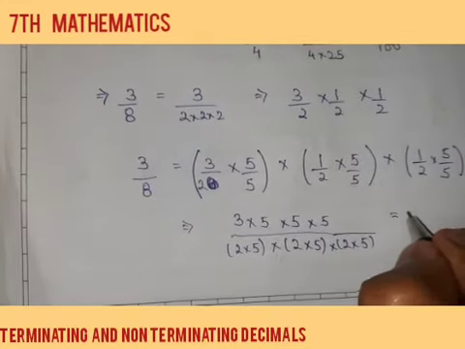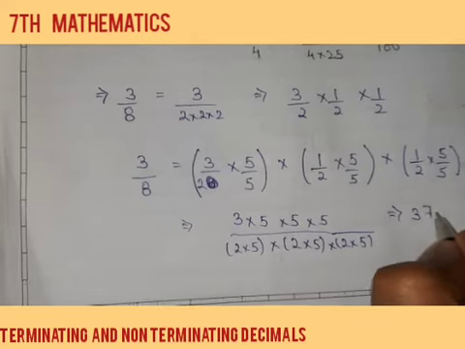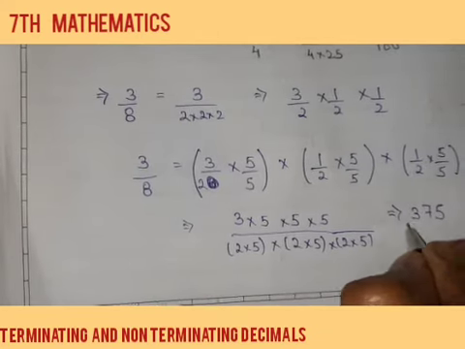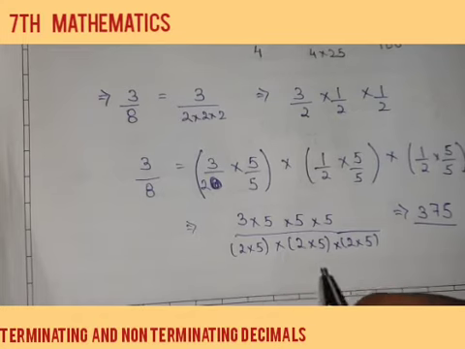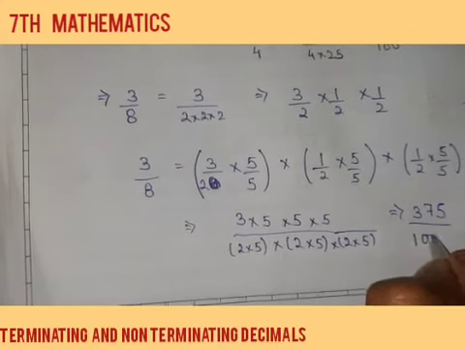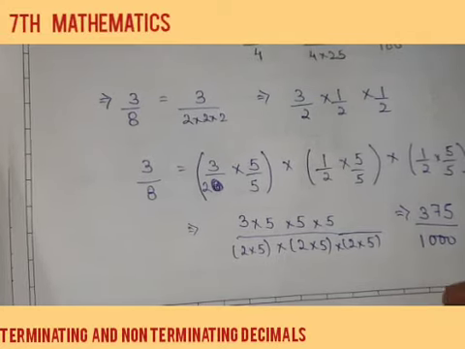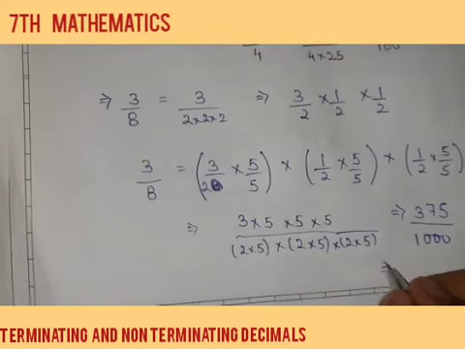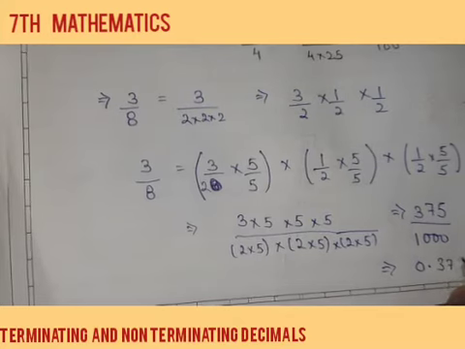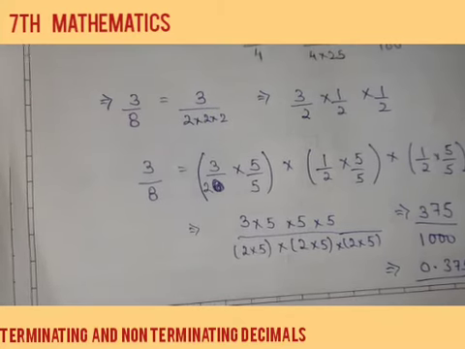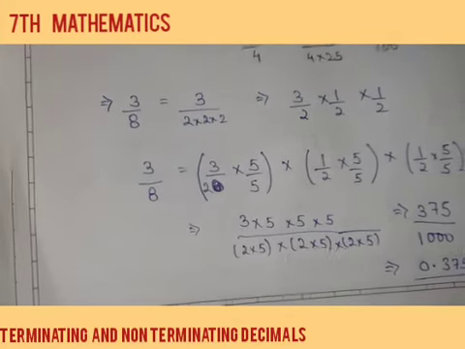That means what? 375 upon 2 into 5 is 10, 2 into 5 is 10, 2 into 5 is 10, 10 cube is 1000. 375 upon 1000, which on dividing will be equal to 0.375. So this is the answer by the place value principle.